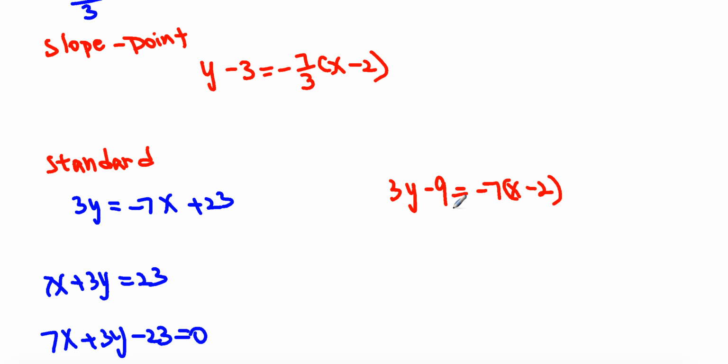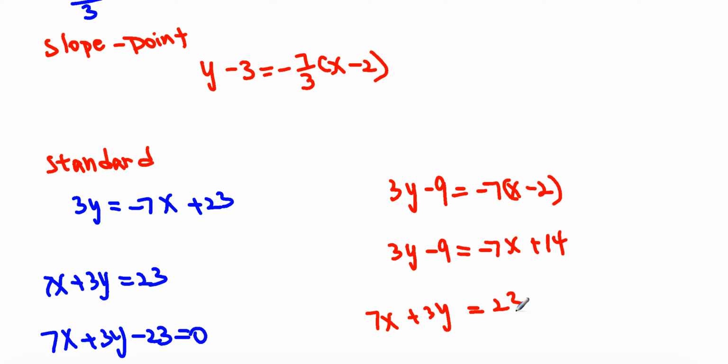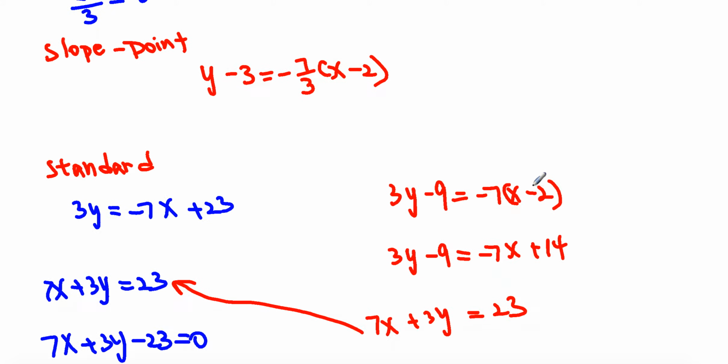And then, by distributing negative 7, we get 3y minus 9 equals negative 7x plus 14. So by adding 9 and adding 7x, we get 7x plus 3y equals 23. And we see that it's exactly the same thing as over here. All right, so that's basically what we could have done.